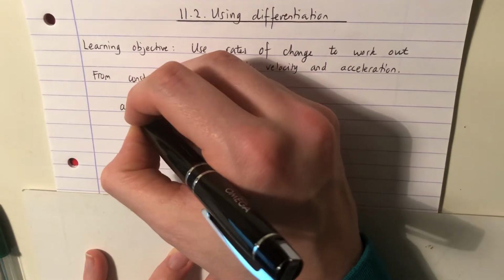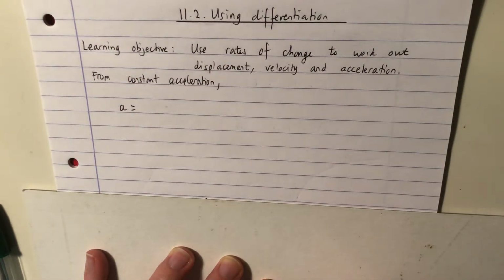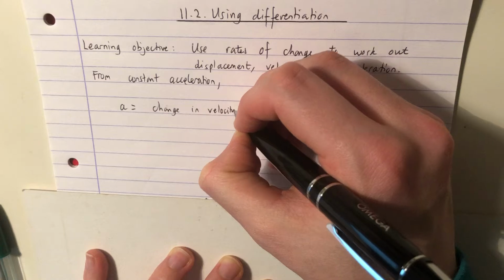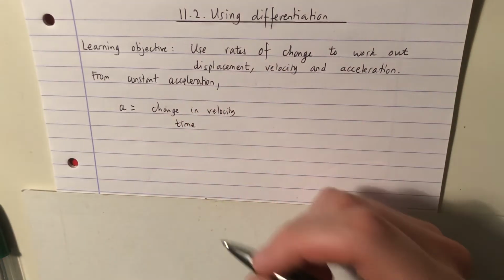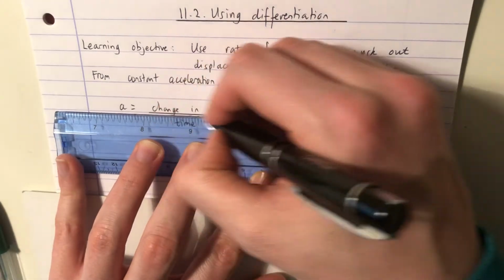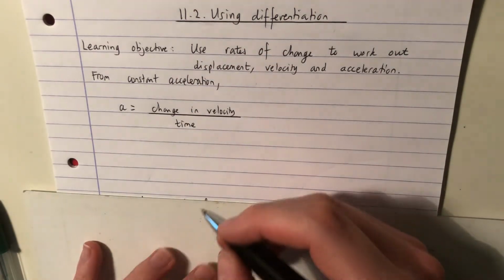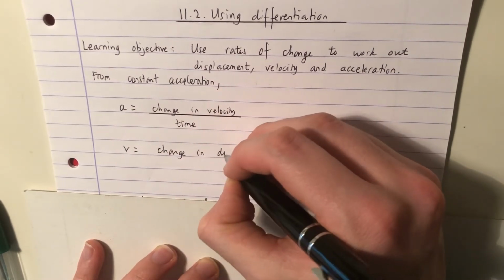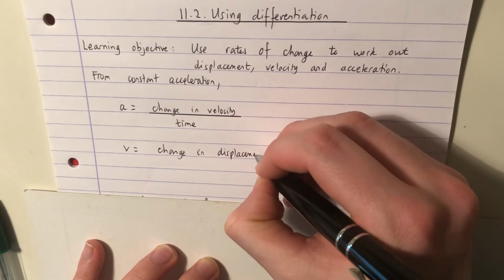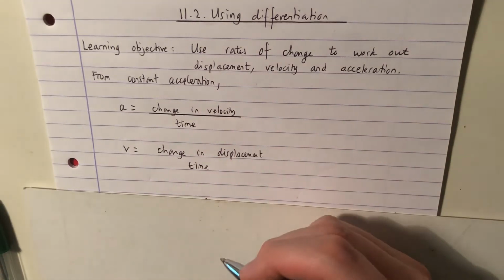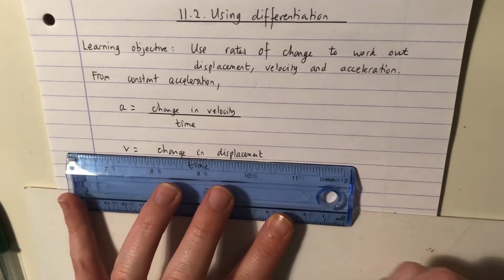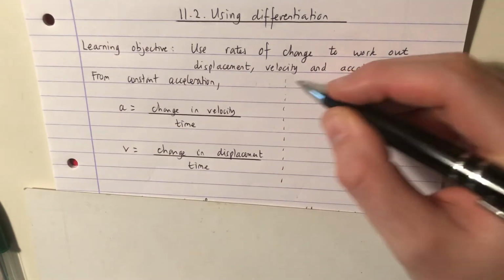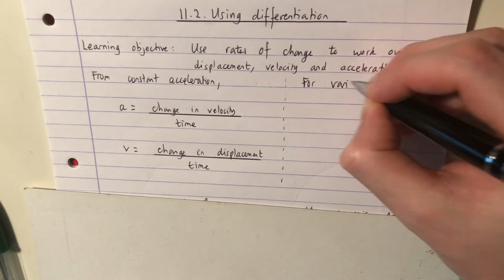Acceleration was equal to change in velocity over change in time, and velocity was change in displacement over change in time. And those worked as fractions for constant acceleration, but we do need to know what these change into for variable acceleration.